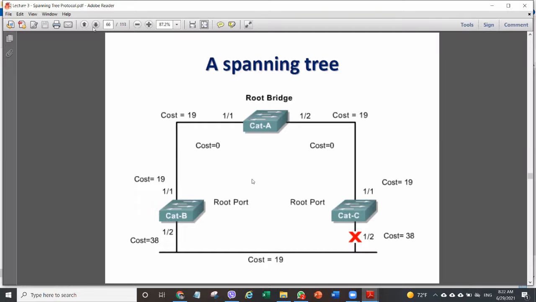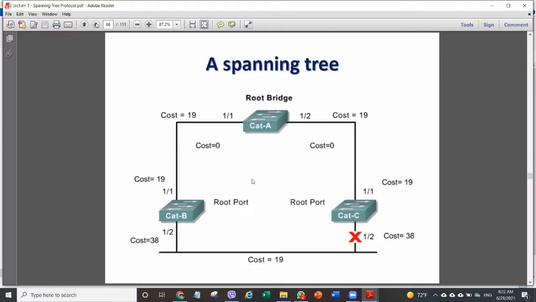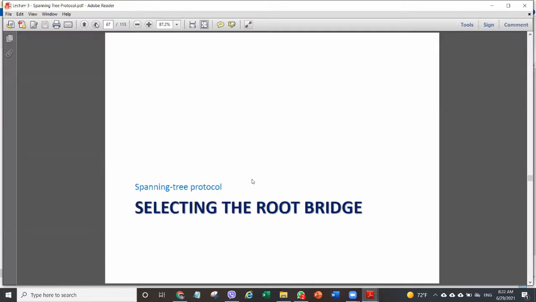Then the same diagram is here. With that, you can just again visualize the things we discussed in the previous two slides. Other than that, I cannot find any extra information with this diagram. We'll move forward. Selecting the root bridge.